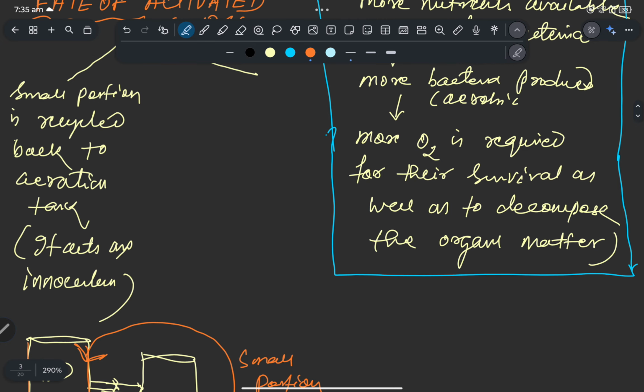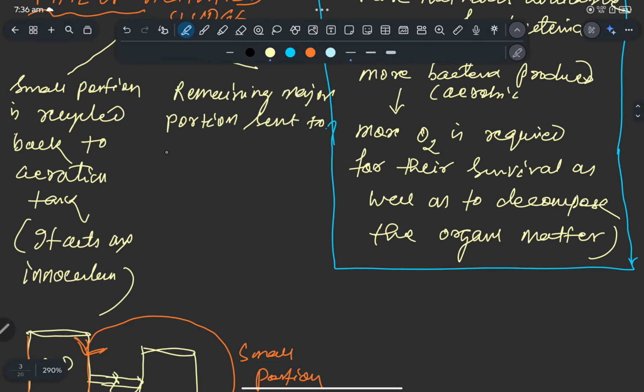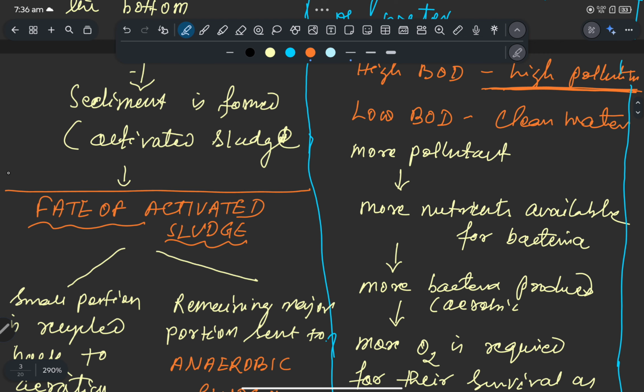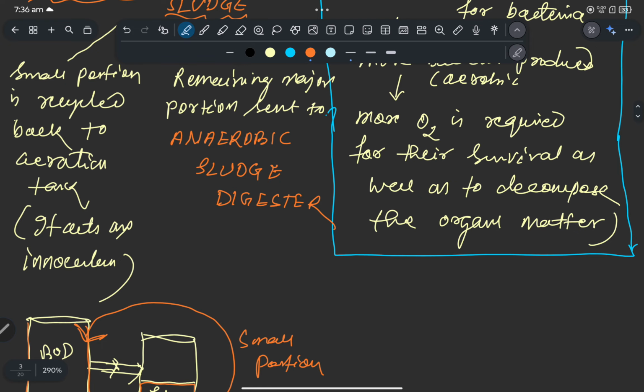Okay, now what happens to this remaining portion? Now remaining major portion sent to anaerobic स्लज डाइजेस्टर. ओके, तो यहां तक आपका क्या हो रहा था, अप टू दिस यहां तक आपका एरोबिक डाइजेशन हो रहा था. अभी आपका क्या होगा, बाकी जो आपका रिमेनिंग पोर्शन इज सेंट टू द anaerobic sludge digester.